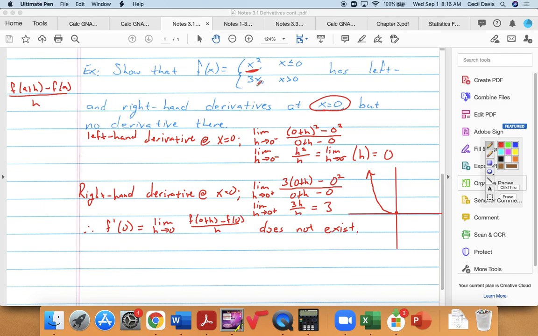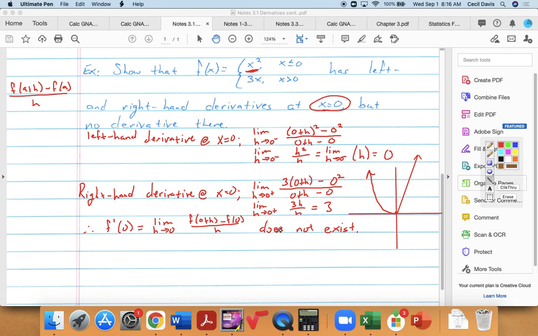Y equals 3x is just a line with a slope of 3. So what's happening is as we're approaching 0 from the right, the slopes are all 3, aren't they? And as we approach 0 from the left, this gets close to being a horizontal tangent, which has a slope of 0. But since they don't agree with each other, the derivative at 0 does not exist.